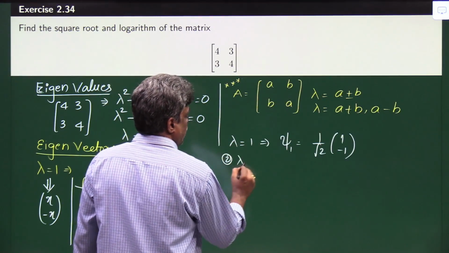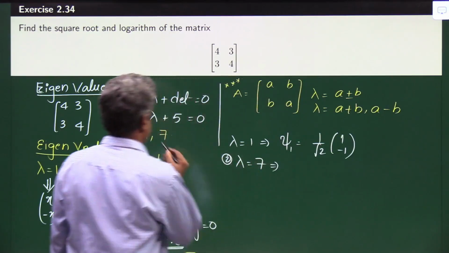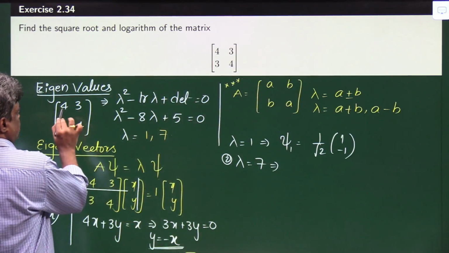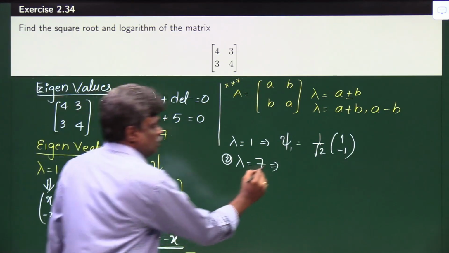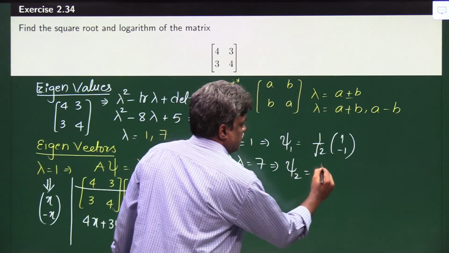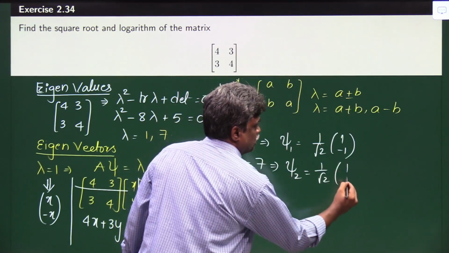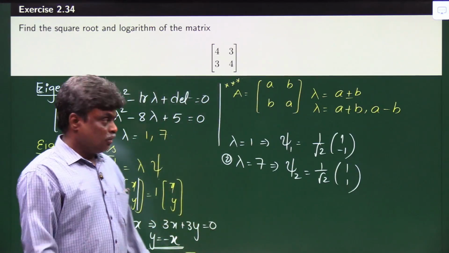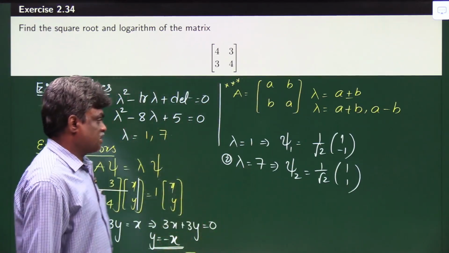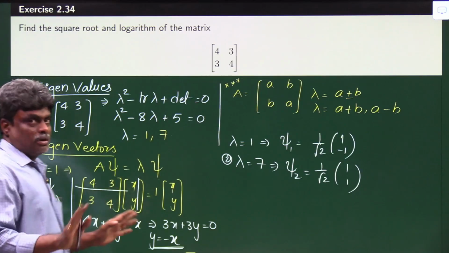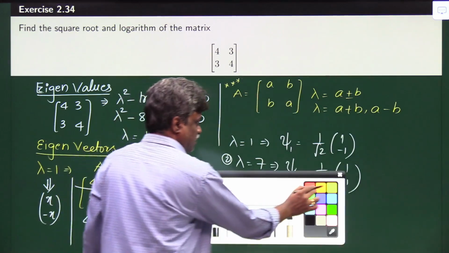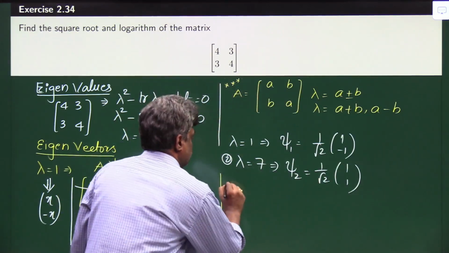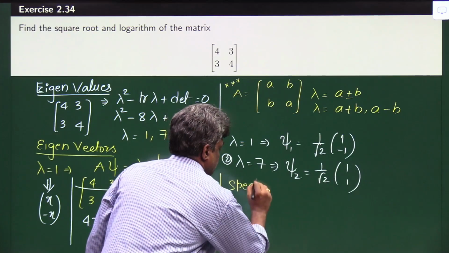So if you take lambda equal to 7, the next eigenvalue, because this is a minus b and a plus b, you will get a second state psi 2 equal to 1 over root 2 times 1 1. So I request you to please try this second state. Once you have your eigenvalues and eigenvectors, you can write the matrix using the spectral decomposition.